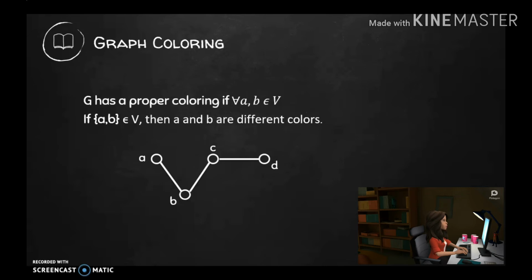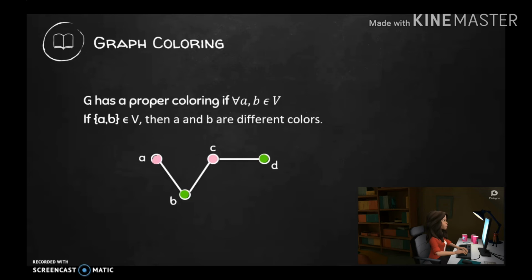For instance, because A is pink, B cannot be pink. And what about C? Well, we can make C pink again, but when we get to D, we can only have it green. In fact, we don't have to pick green. We could pick any other color we want.